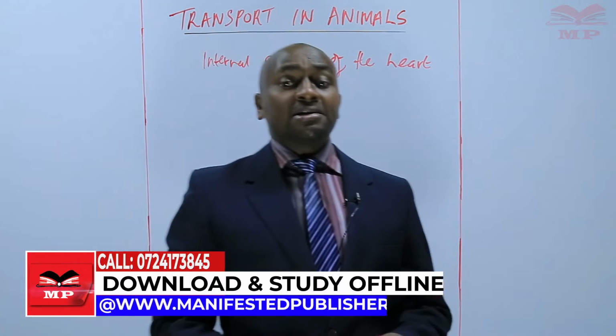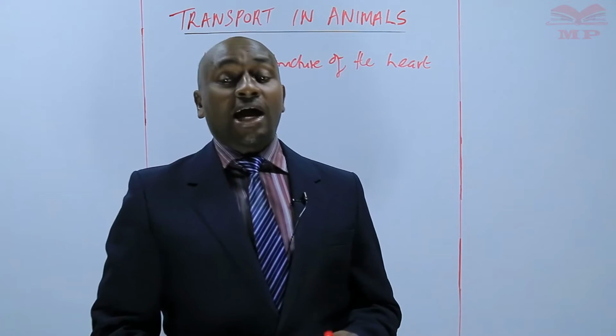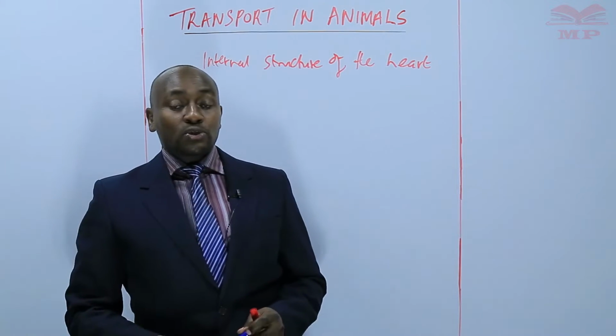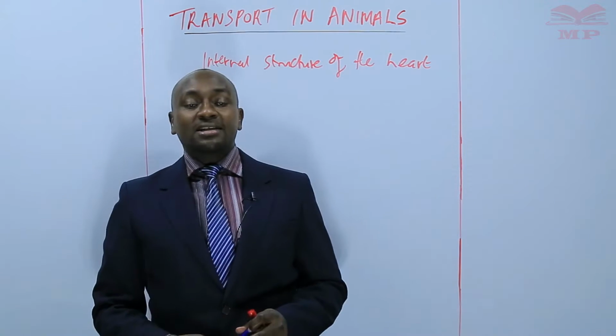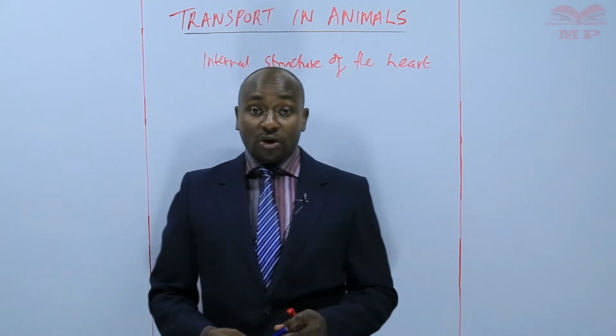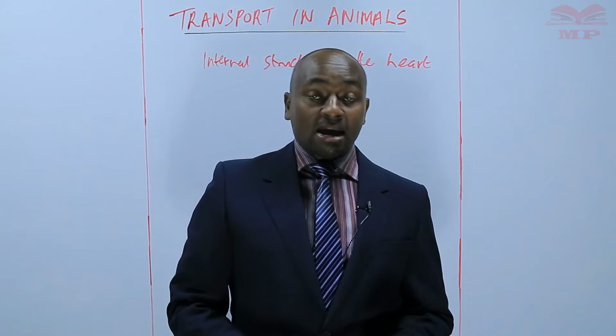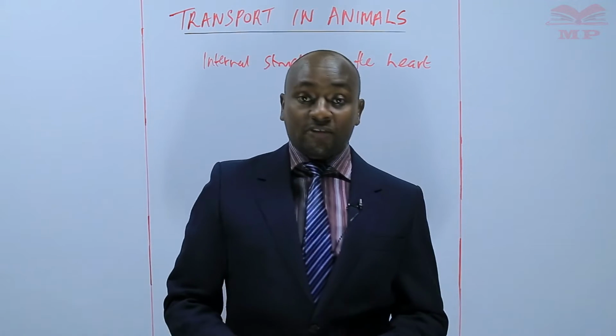Of these 4 chambers, 2 are on the right and 2 are on the left. The right 2 chambers are referred to as the right atrium and the right ventricle, while the left chambers are the left atrium and the left ventricle.